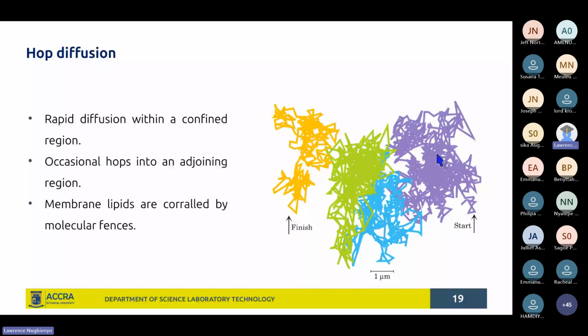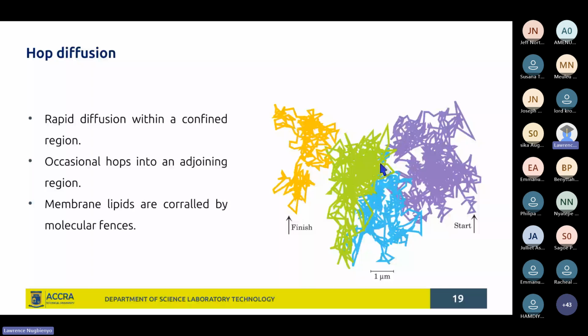except that they move at one particular place for a long time. And so you see that all those places are very covered with no spaces, and then occasionally they hop to a different region and then they can come back. So you have such a kind of movement which is traced out, and you can see clearly that they are moving within a particular region, mostly for a long time.